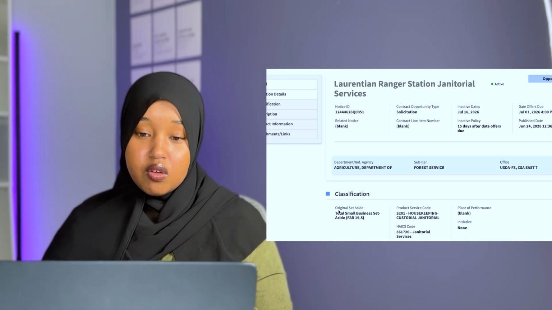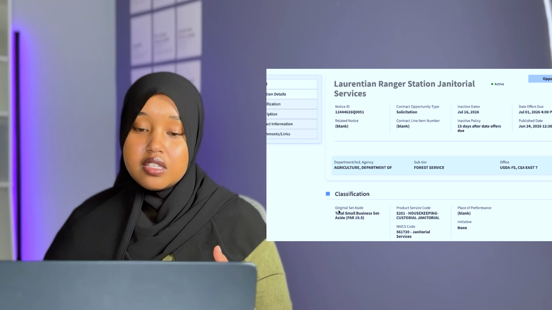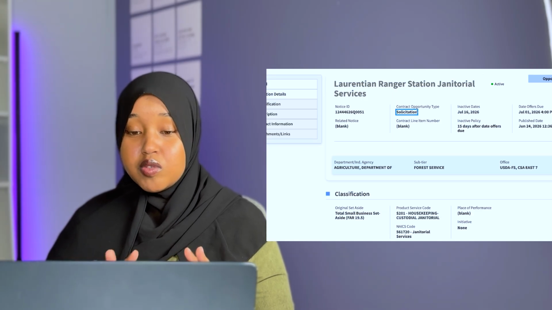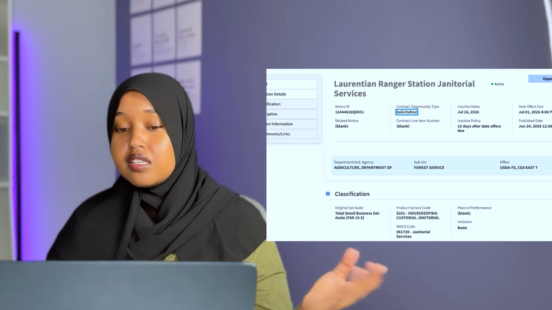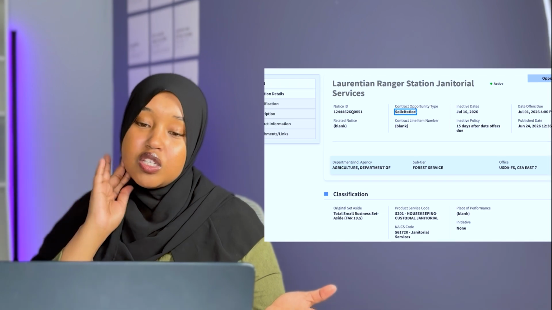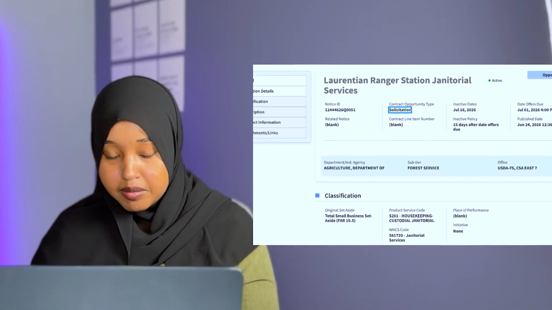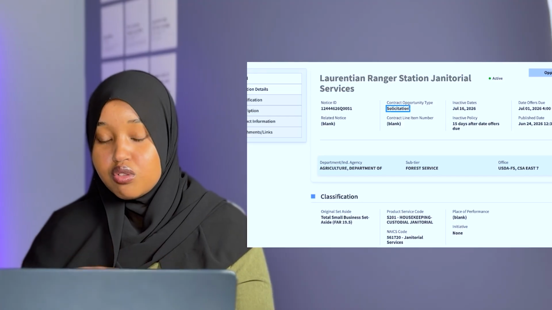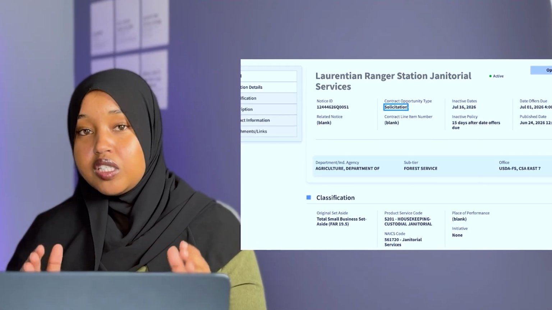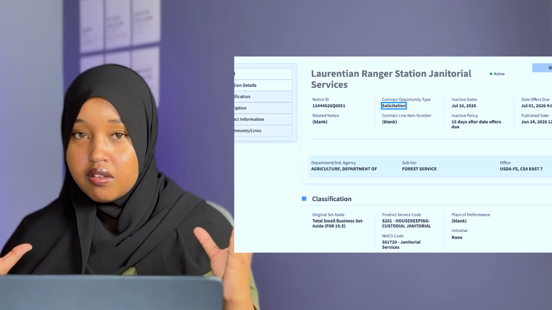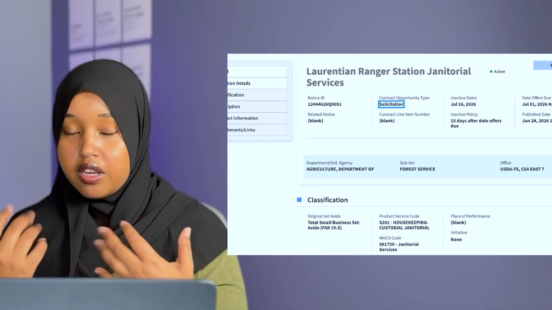Then the second thing that I look for is here you will see solicitation. Sometimes you will also see pre-solicitation. Pre-solicitation is them trying to gather information and come up with a budget by putting the bid on SAM.gov and allowing businesses to come up with a budget that fits the average of whatever the people bid, if that makes any sense.